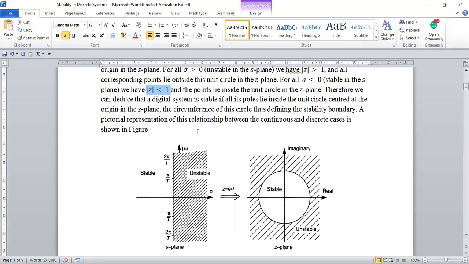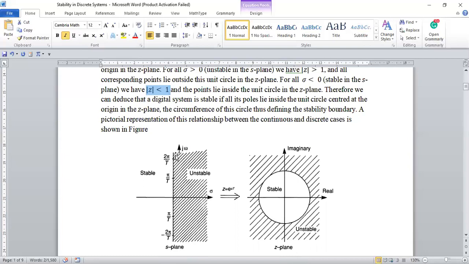So this particular graph here, we're in continuous time, in the S-plane or in the Laplace domain. And here we're in the Z-plane, in the discrete time domain. In the continuous time domain, this line is the region of marginal stability.